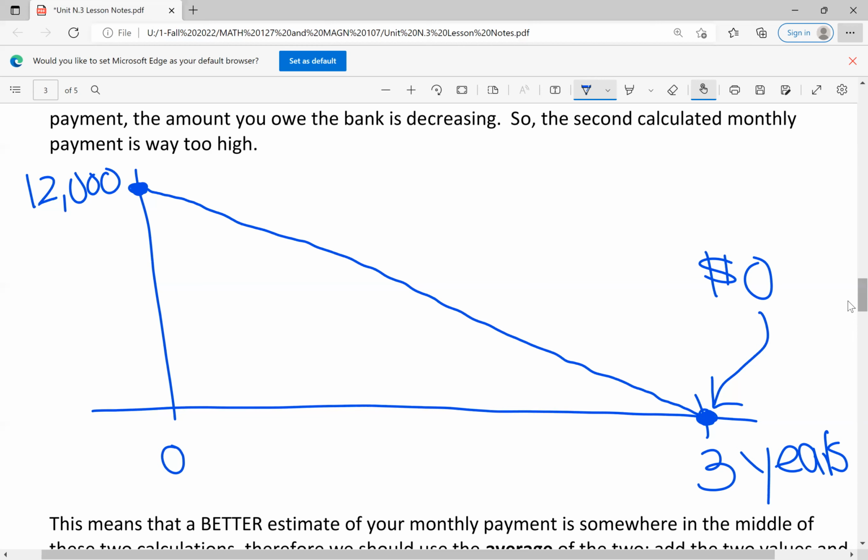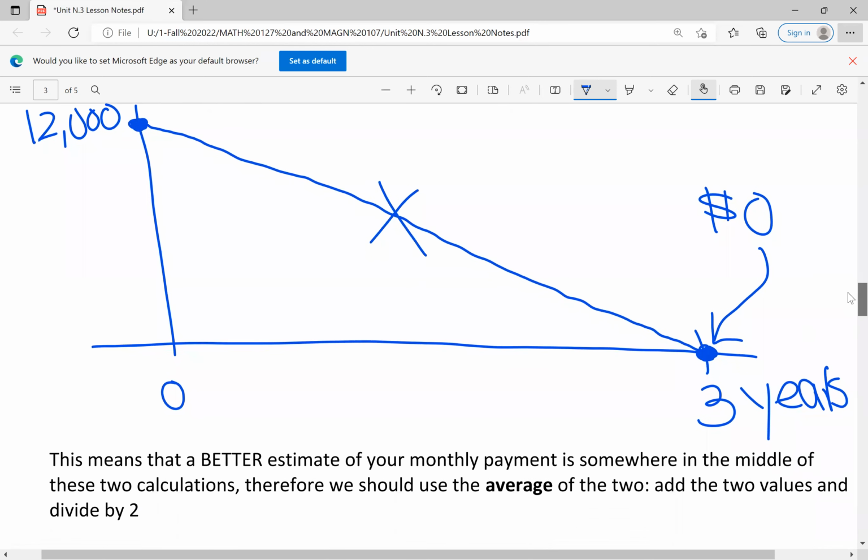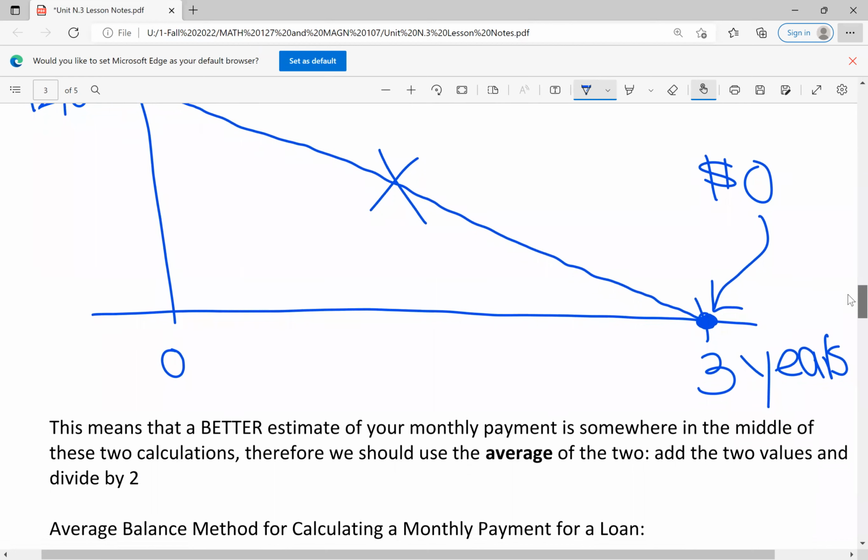And this is why this is called the average balance method, because I can literally say, well, the amount I'm paying on this loan is really somewhere on average between $12,000 and $0. So this means that a better estimate of your monthly payment is somewhere in the middle of those two calculations. Therefore, we should use the average of the two.